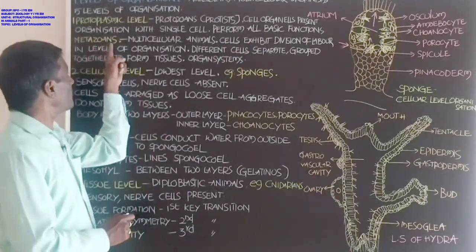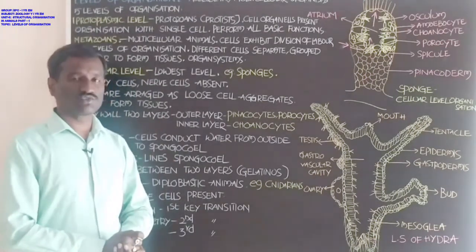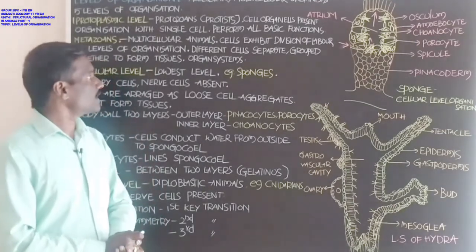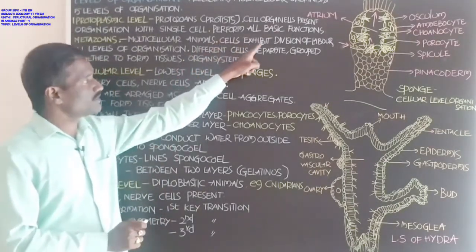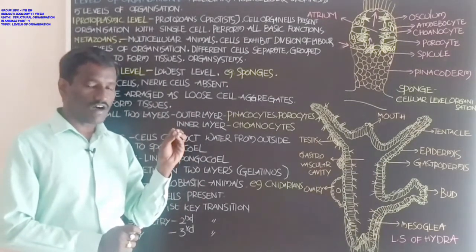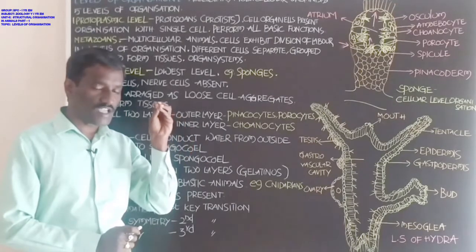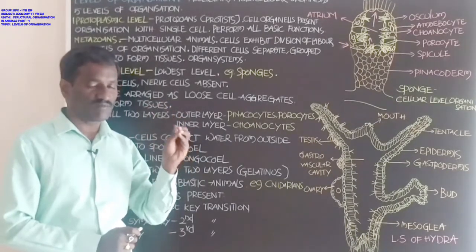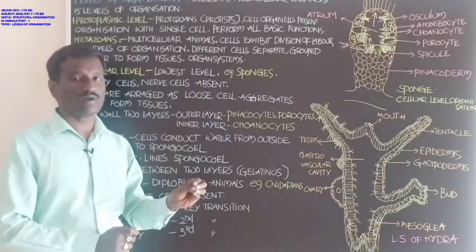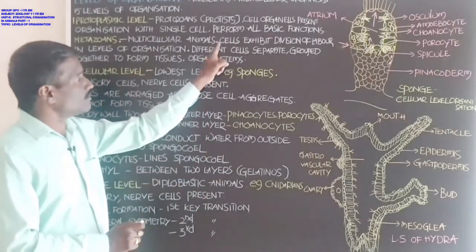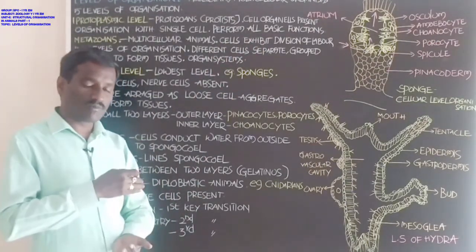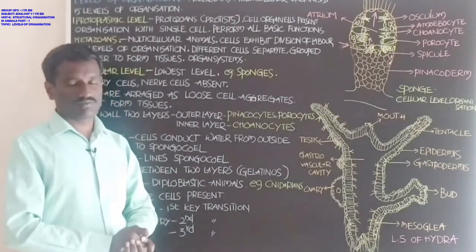Next, what about the metazoans, students? Metazoans means multicellular animals. Here the cells exhibit division of labor. The cells are united and exhibit division of labor, which means performing a single function.